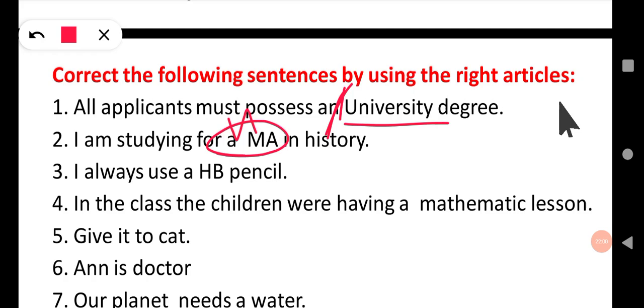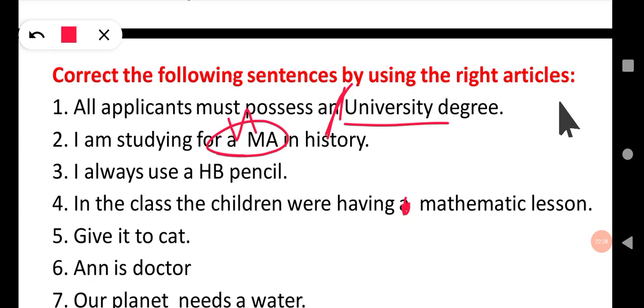Next one. In the class, the children were having a mathematic lesson. Or let us say an arithmetic lesson. Here in the section, a is not given. Directly the answer is given there. So in the class, the children were having an arithmetic lesson.